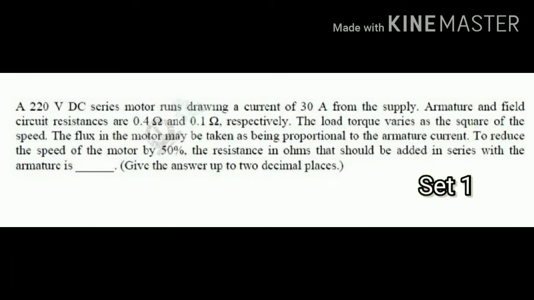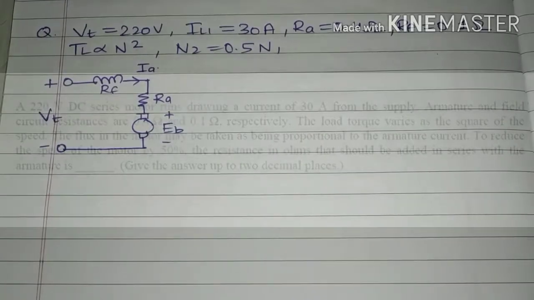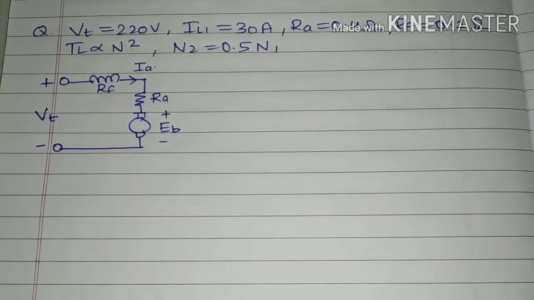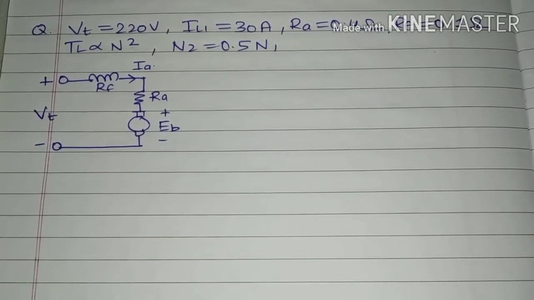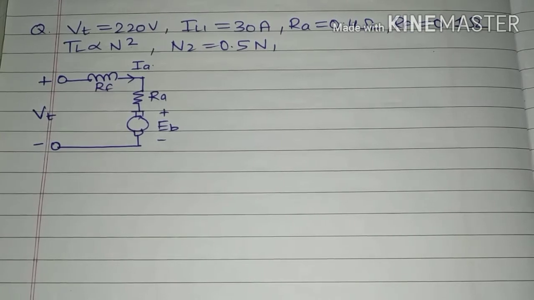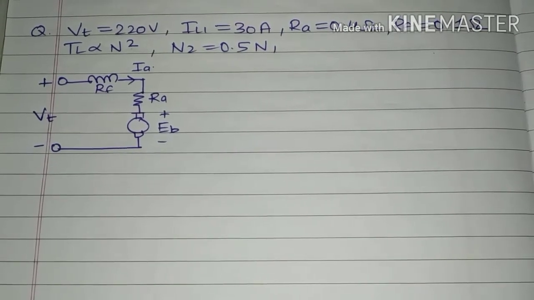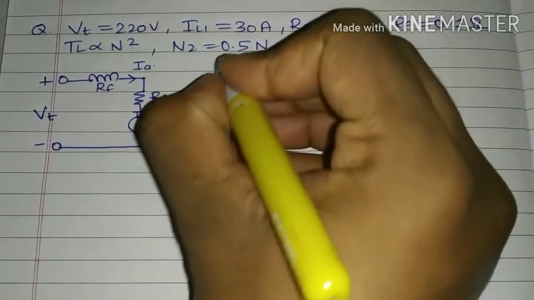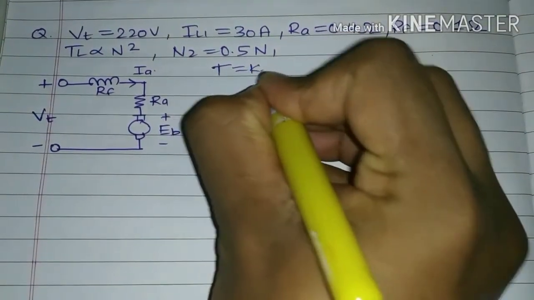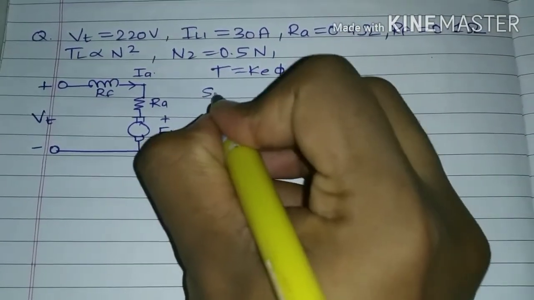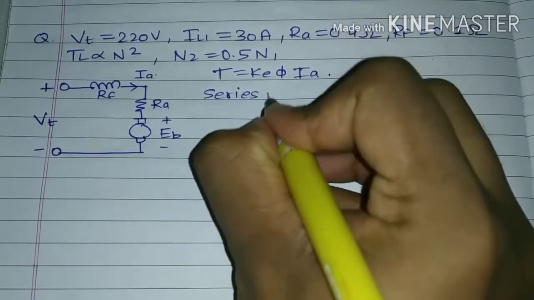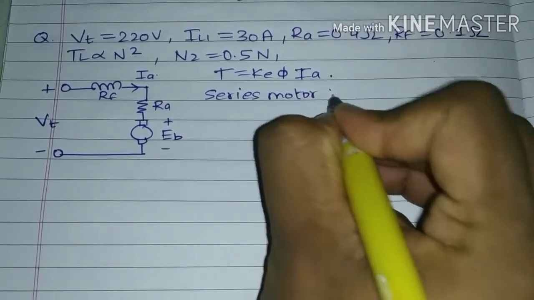In this question we have to find out the resistance to be added in series with the armature. In the question it is given that the load torque is directly proportional to the square of the speed, and here is the circuit diagram of a series DC motor. We know that the torque T is equal to Ke into phi into Ia, and for a series motor the flux is directly proportional to the armature current.